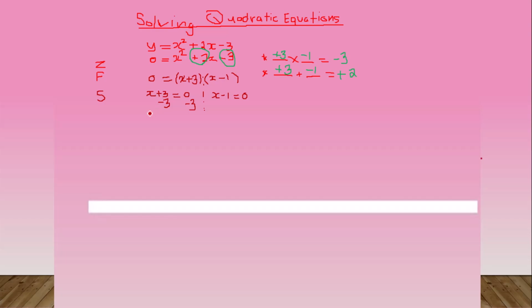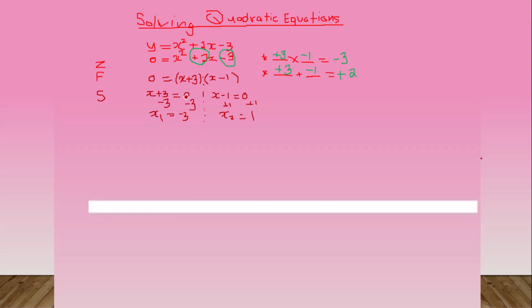Okay, and this gives us the x1 value as -3, and for x2 we have x minus 1. To move it to the other side, we add 1 on both sides, and therefore x2 is a positive 1.